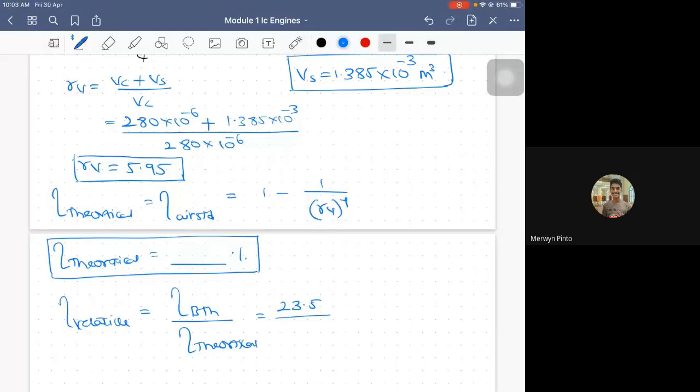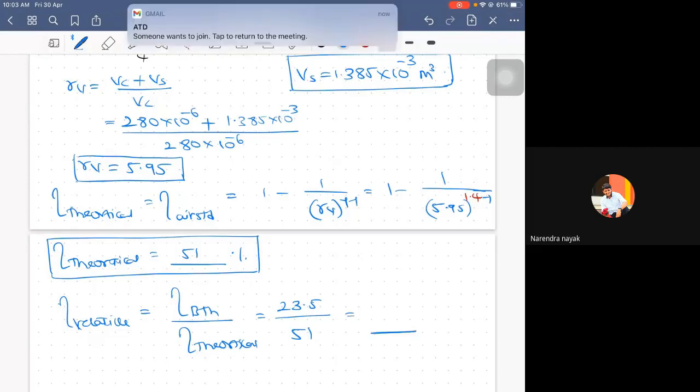So 1 minus 1 divided by 5.95 whole to the power of 1.4 minus 1. 0.51, sir. 0.51. It is 51%, right? Yes, sir. So theoretical is 51, what is the relative now?